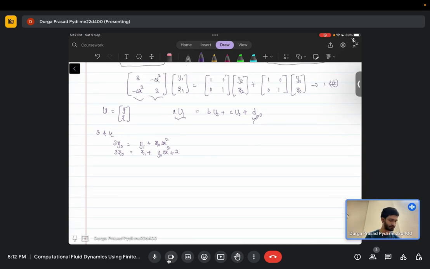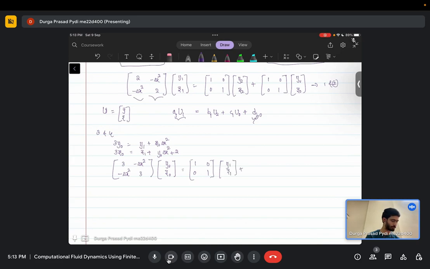We write it as 3, minus delta x square, minus delta x square, 3, times y0 z0, equals 1 0 0 1, and maybe we will call this a1 b1 c1 d1, times y1 z1.